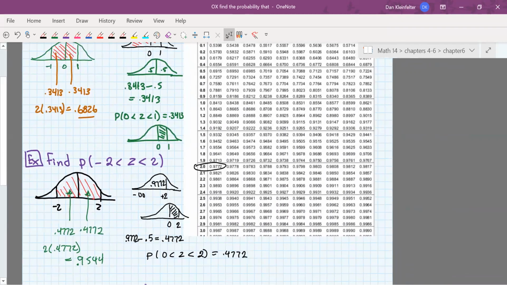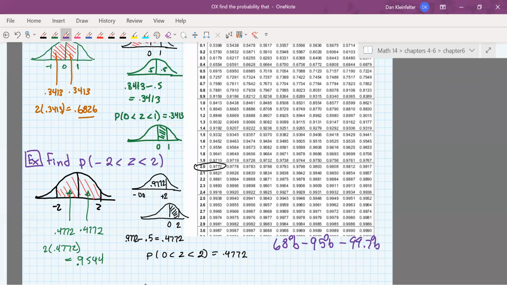Within two standard deviations of the mean, we're getting about 95.44% probability. And these two numbers should be really familiar. This should sound like the empirical rule right here. We'd had 68% of the data within one standard deviation of the mean, 95% within two, and then 99.7% of the data within three. So really this is the empirical rule.